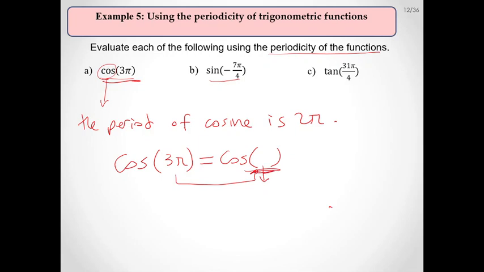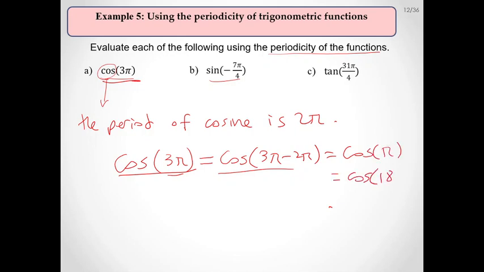So 3 pi is 3 times 180, which is 540, and I don't want to deal with 540 here. So I want to subtract 2 pi. When I subtract 2 pi, the value of cosine will be the same. So cosine 3 pi will be equal to cosine pi.